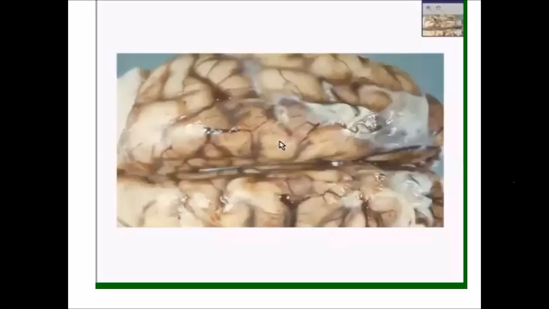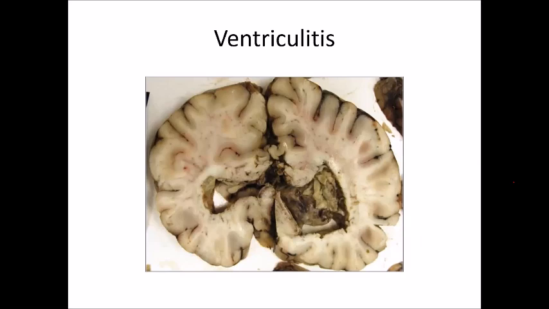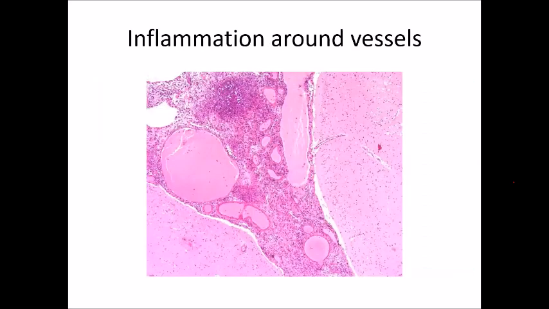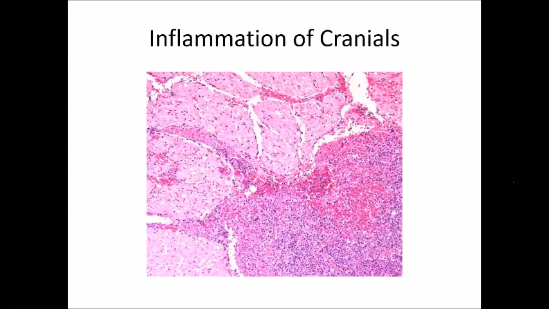You can see these slides, they are present in the handout, and also this slide about viral encephalitis and bacterial meningitis. Also, there are various slides showing ventriculitis, subcortical infarct, and inflammation of the vessel, which usually begins perivascular. This is the subpial encephalopathy, there's inflammation of the cranial nerves.